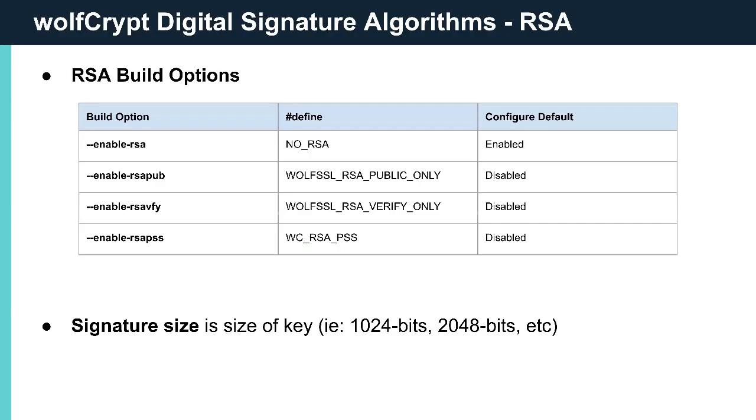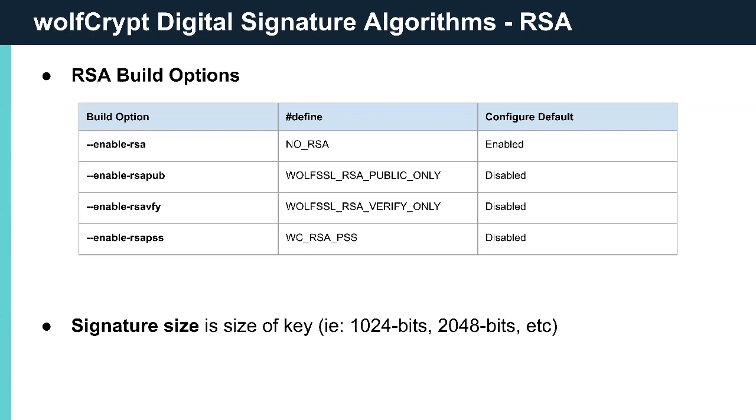So if we look at RSA first, we have 4 enable options for this inside configure: for the algorithm, enabling public only or verify only options, and then enabling RSA PSS mode. You can see what's enabled and disabled by default in the right-hand column. The signature size of RSA is essentially the size of your key.